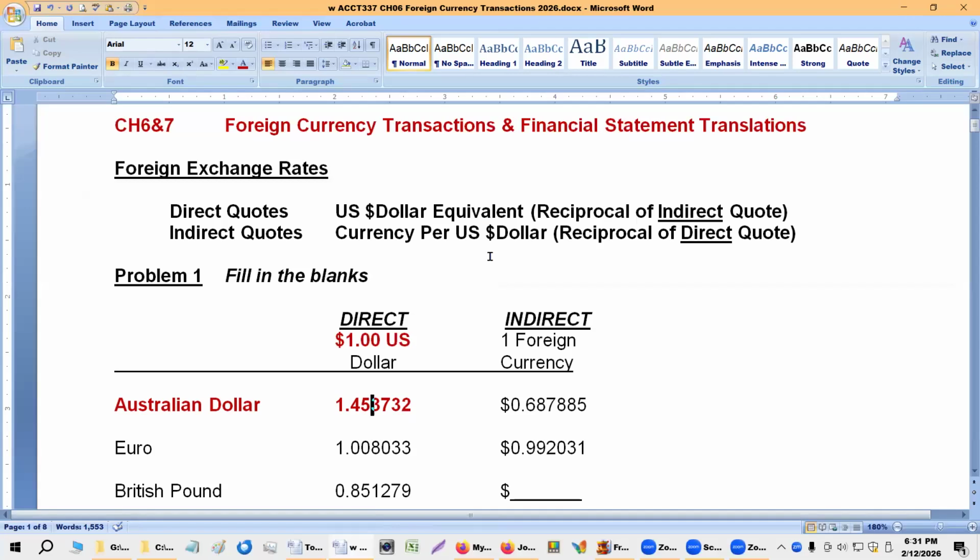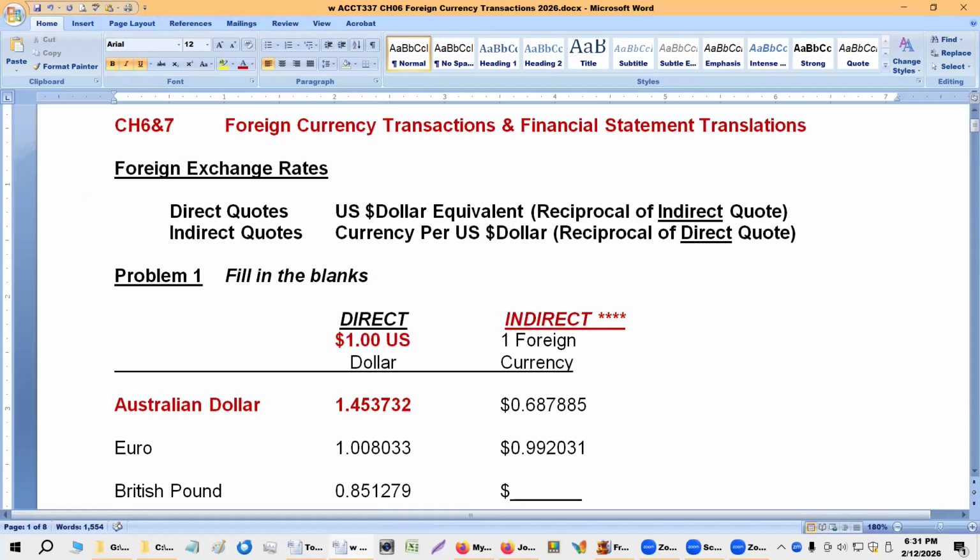The indirect is going in the opposite direction, and that is how much the foreign currency is worth in US dollars. And this is the one we're going to be using the most, this indirect one. Let's put little stars by it.